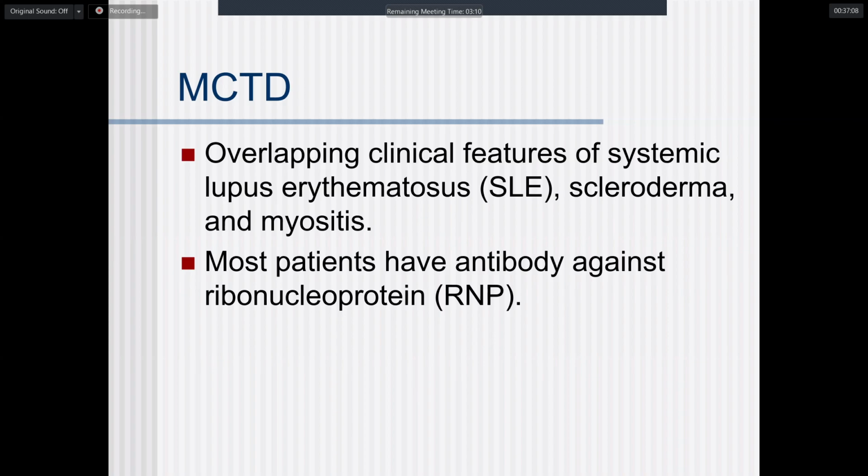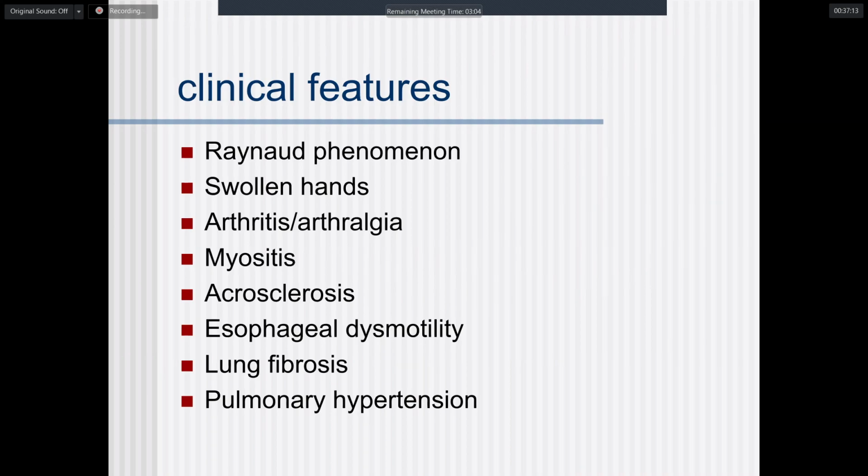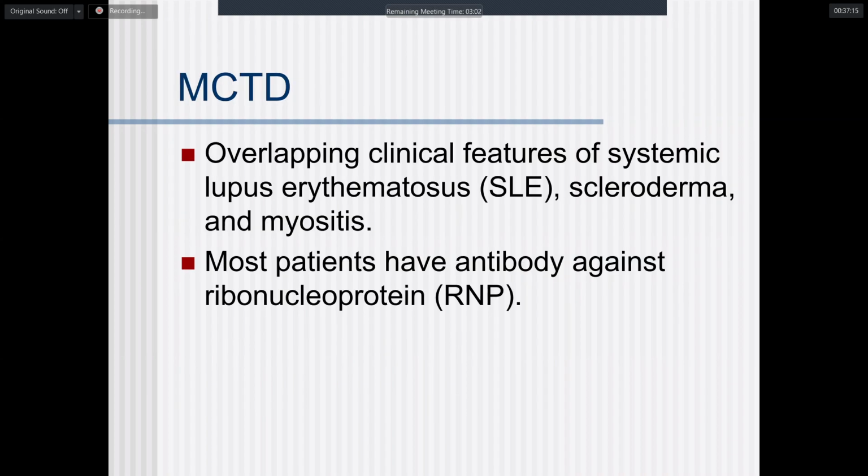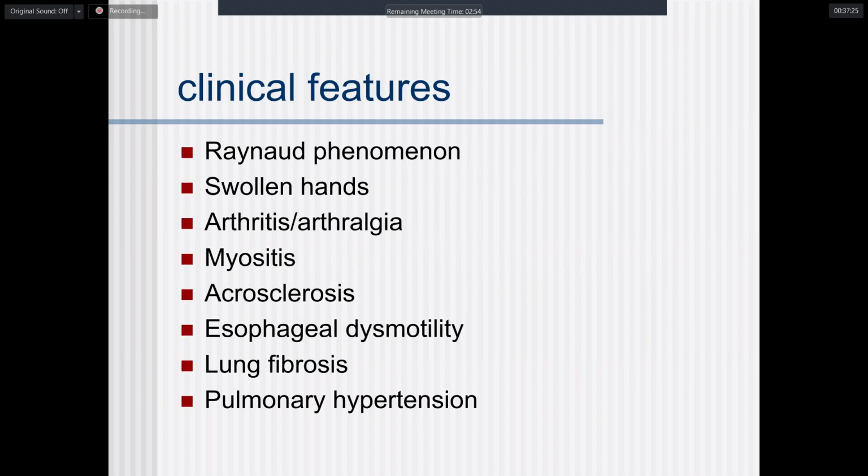Most patients have antibody against ribonucleoprotein RNP. يعني لو اجاك مثلا واحد clinical picture of mixed connective tissue disease, which antibody you will pick اللي هو ribonucleoprotein. طبعا clinical features بصير في عندهم some features of Raynaud, swollen hands, arthralgia, myositis, يعني زي rheumatoid arthritis, myositis, atherosclerosis, esophageal dysmotility, lung fibrosis and pulmonary hypertension. So these are some features.